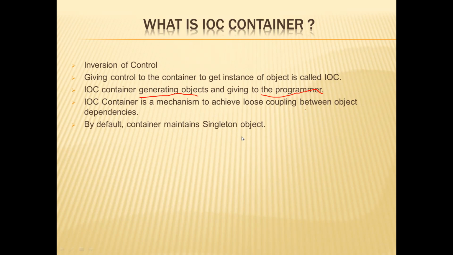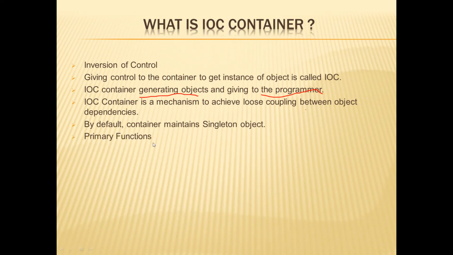JVM level singleton design pattern is different, and container level singleton pattern is different. By default, your IOC container creates only one object for each Java class. If you have an Employee object and try to create another, you will get the same reference, not a new object. That is the meaning here.